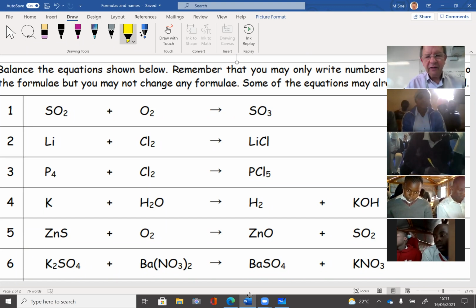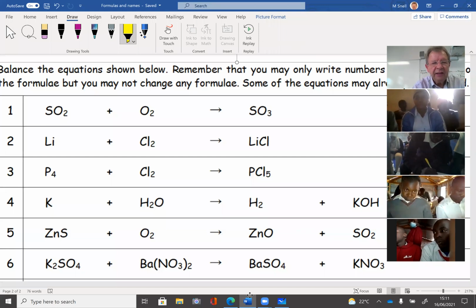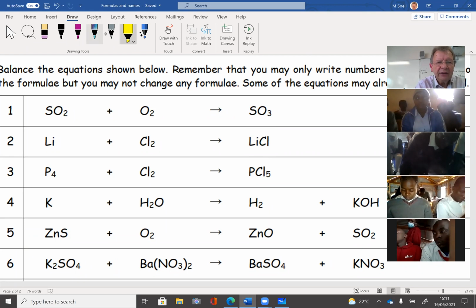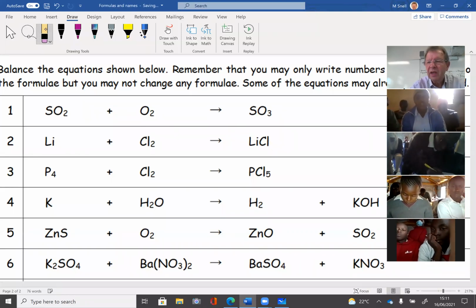One of them is quite difficult. Well, 2 of them are quite difficult. One is quite easy. Remember, you cannot change the formula. So, for instance, in the second one here, this is LiCl. I must not write, oh, look, I just do that. No, I cannot. Okay, have a go at 2, 3, and 4.